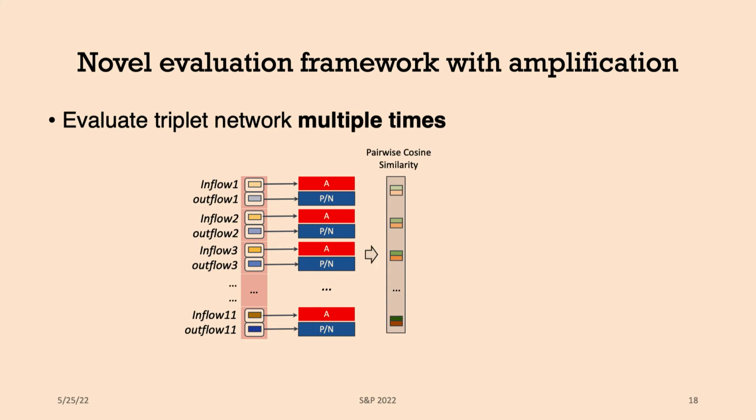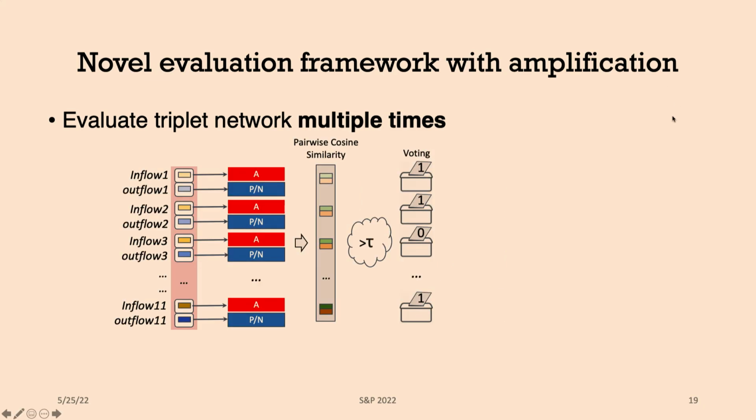First we generate feature embeddings. Using the multiple subflow pairs, we generate different embeddings for each. And then we compute the pairwise cosine similarity. If this similarity score is greater than tau, a threshold we empirically chose, we say this pair is correlated, which is 1 here, otherwise 0. After that, we take the majority vote.